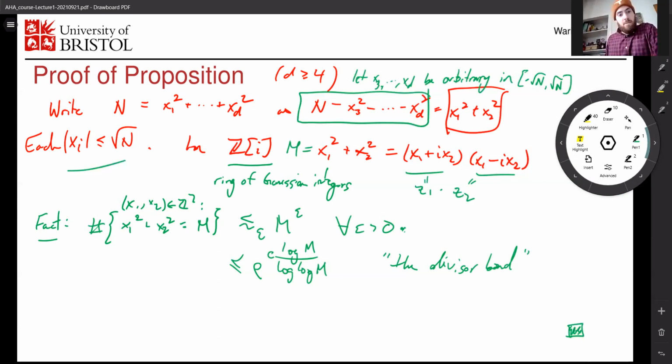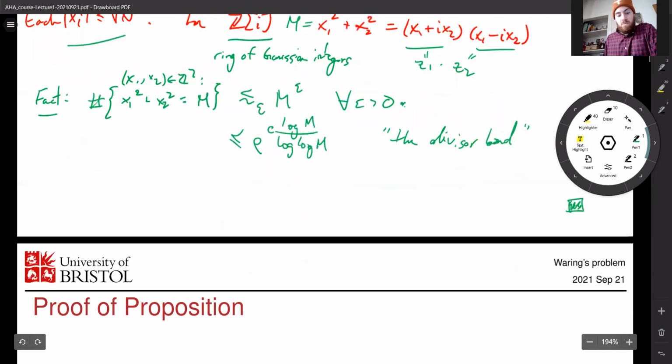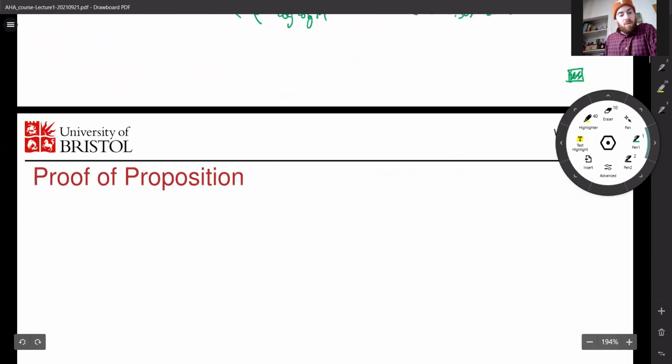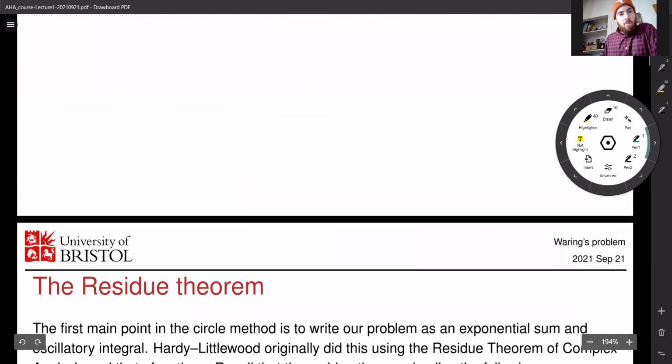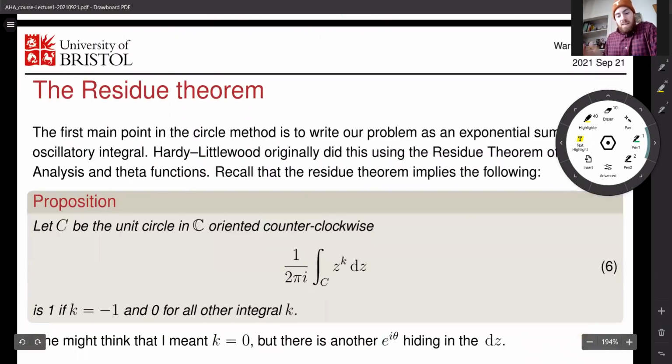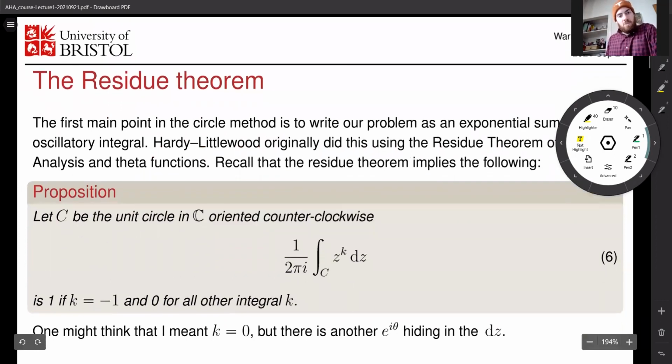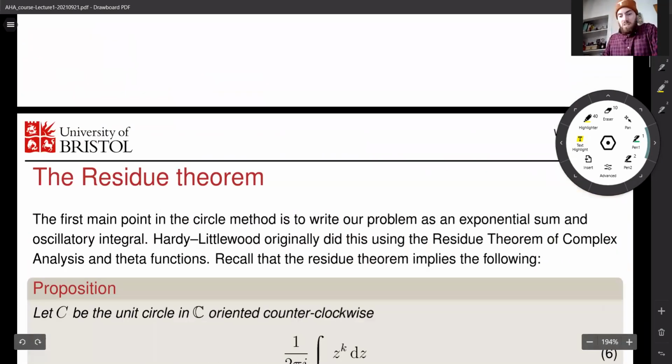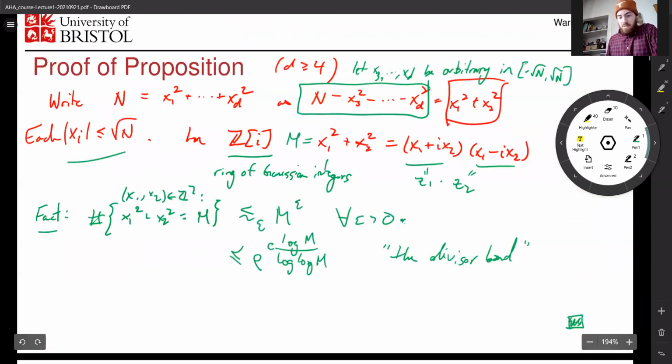Is everyone happy with that? I will take silence as an affirmation. So that was cool. That quickly gave us a bound of almost the right shape and size for the number of ways to represent any integer as a sum of, oh wait, actually that applies for all d greater than or equal to 3, doesn't it?